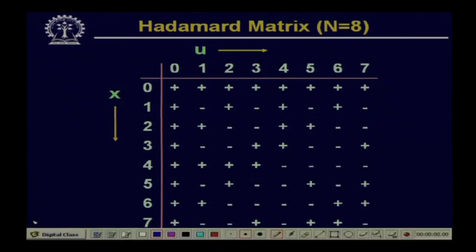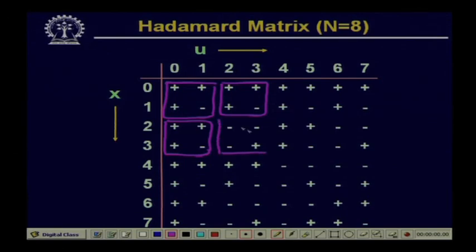You find that if I consider these 4 by 4 elements, these 4 by 4 elements, these 4 by 4 elements, they are identical, whereas this 4 by 4 element of this matrix is just the negative of this, and the same pattern can be observed in all other parts of this matrix.